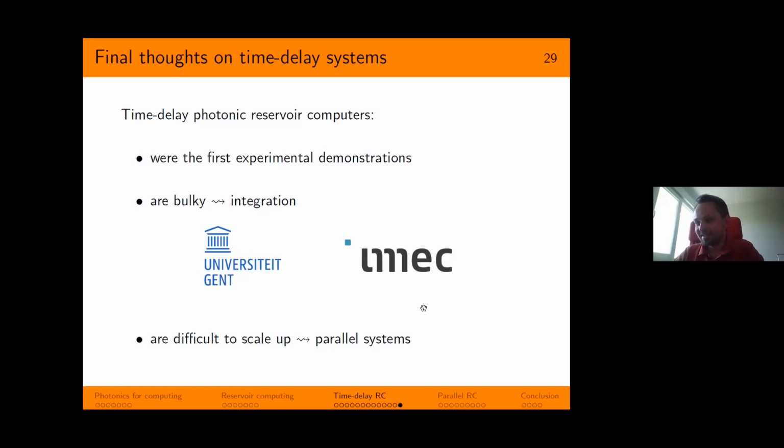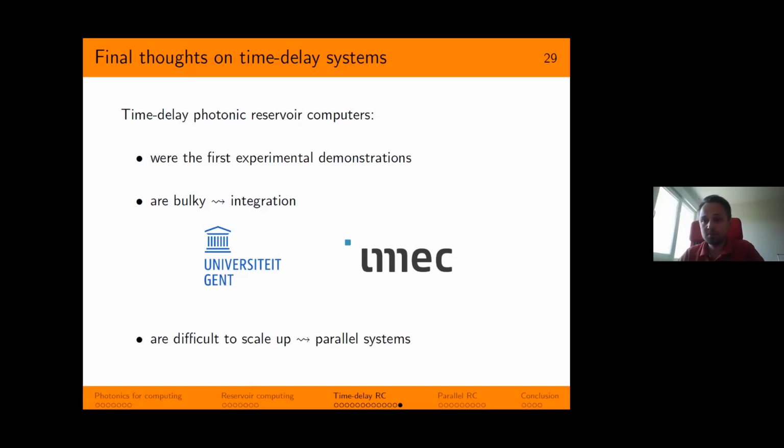And the second drawback of the time delay systems is that if we want more computational power, we need to increase the size of the reservoir, right? 50 nodes is not that much, and even 600 is not that much for a complex task. But if we want to increase the size of the network, we need to increase the delay line to fit these nodes into the queue.